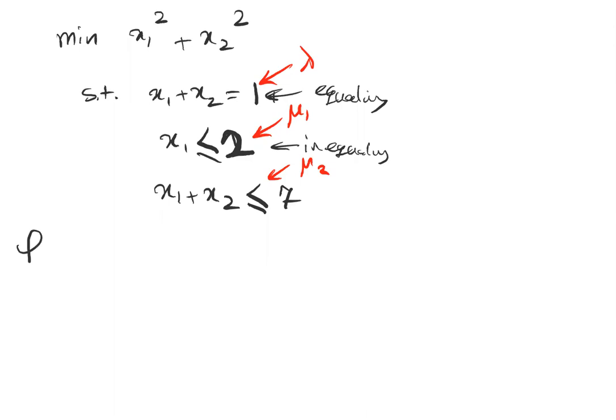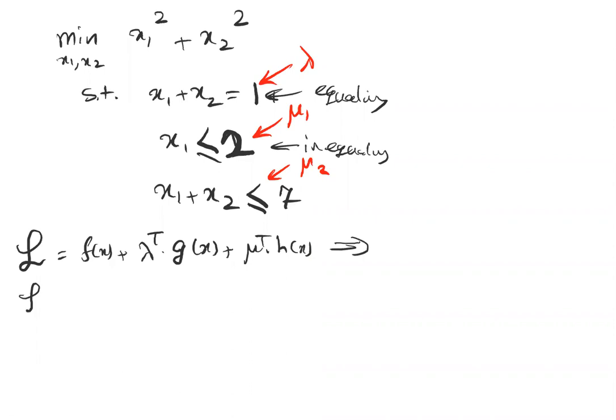So what's going to be our Lagrange function? f of x plus lambda transpose g of x plus mu transpose h of x. Let's do this for the sake of notation: g of x for equality, h of x for inequality.